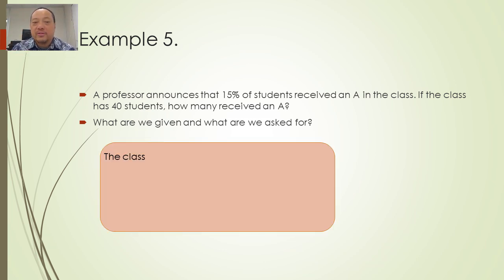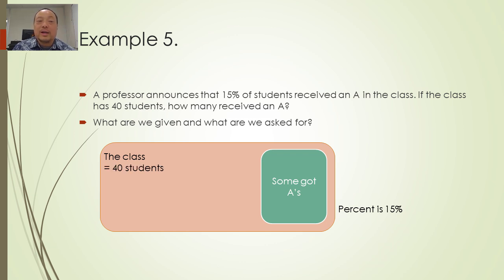We're told there's the class, and some got A's. And the people that got A's are a part of the class. So the diagram looks like this. We're told the percent that got A's was 15%. We're also told the class has 40 students.